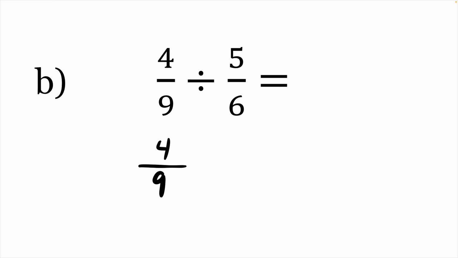We're going to change division to multiplication, as long as you flip, or reciprocal, the second guy. So instead of 5/6, we get 6/5.